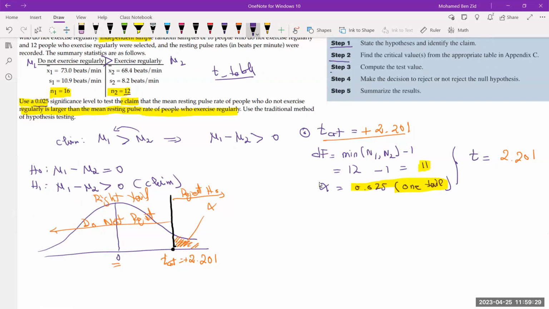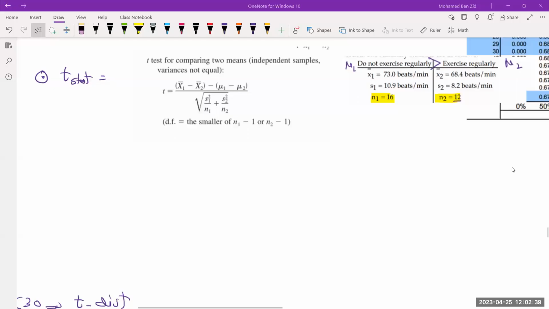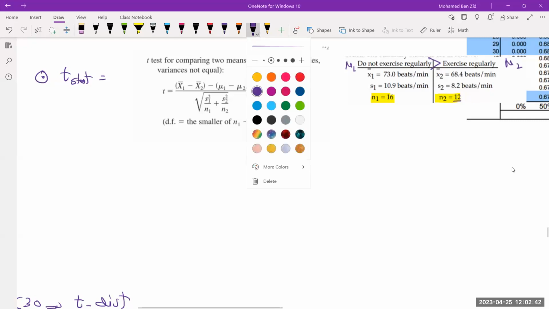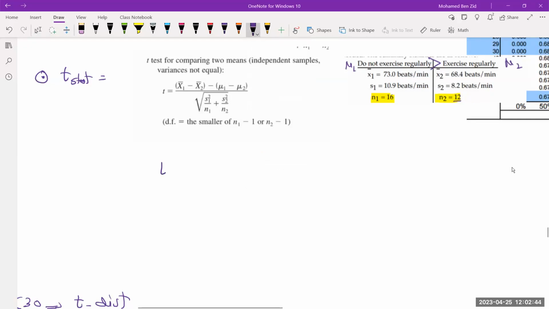The third step, the T-stat. And this is the formula. So let me grab the formula first for you. All right, so calculating the T-stat, plugging in the numbers. X1 bar is 73, right? X2 bar is 68.4.